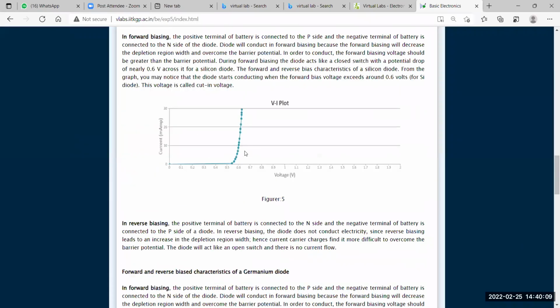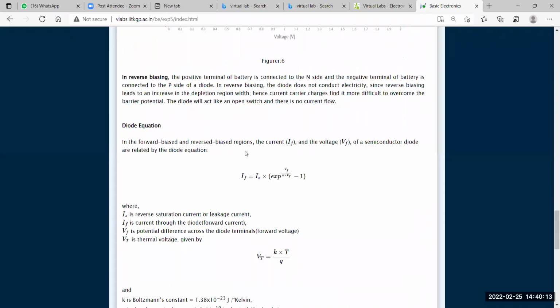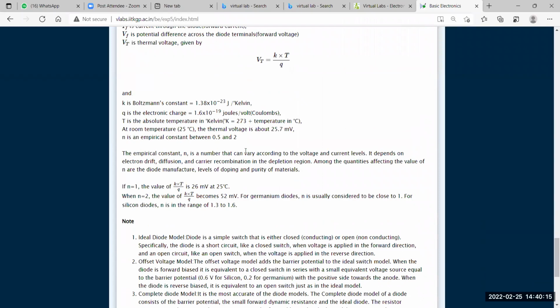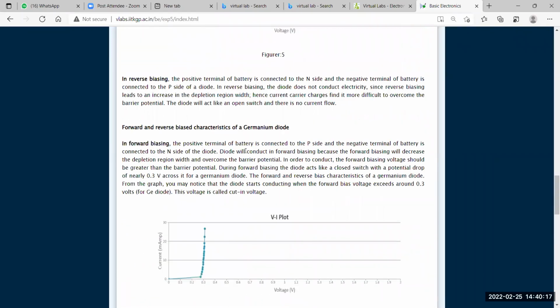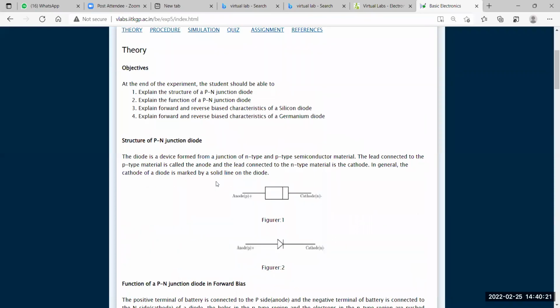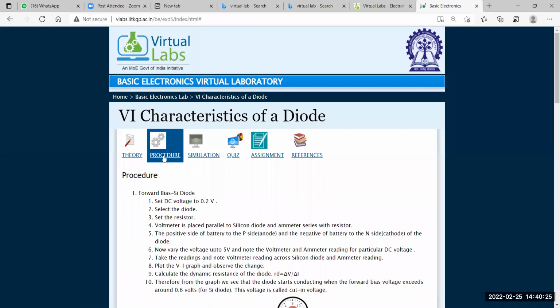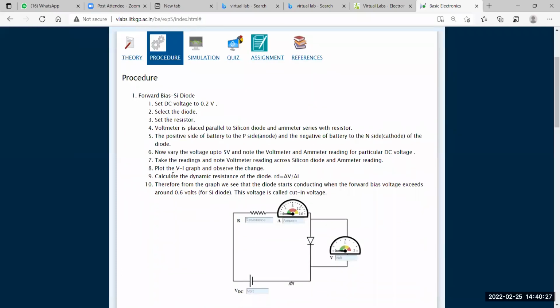This is a graph plot. And here the mathematical equation has been mentioned. You have to study it. And then comes the procedure.